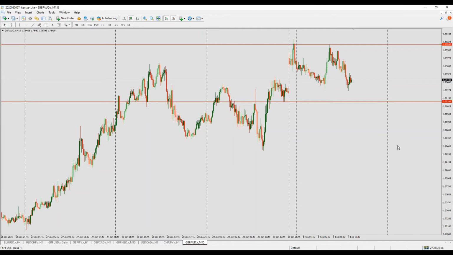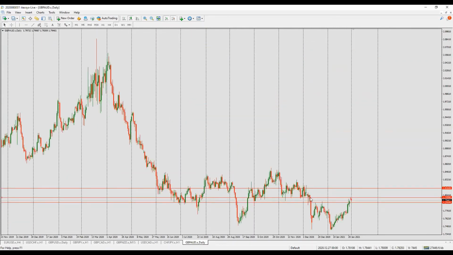So that's for the pound against the Aussie for now. Not a great timing now to sell on the first touch, because the first touch already happened, but you still have a great opportunity for a sell position as a swing or maybe long-term trader, because this is the supply that represents this daily situation.